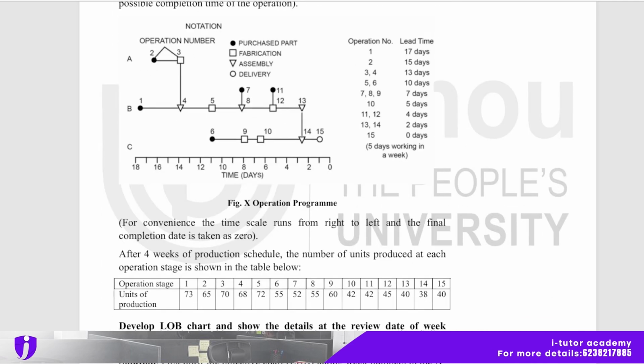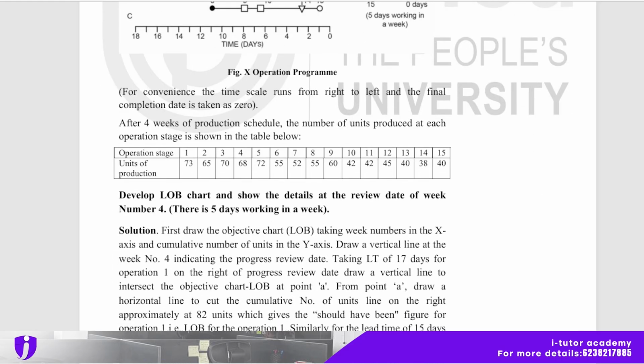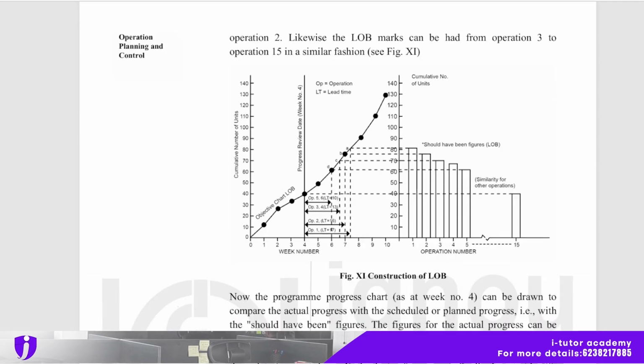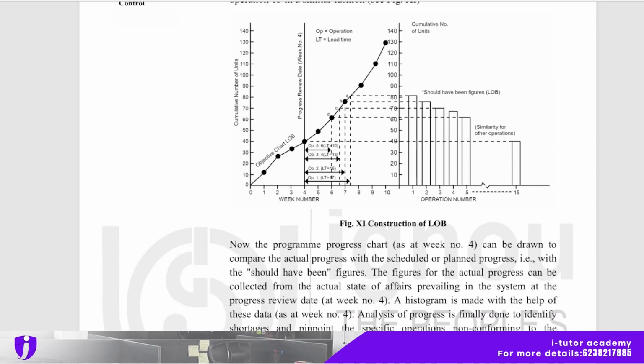So here is an operation program figure, and the operation number and lead time are there. Please refer to this and develop the LOB chart and show the details at the review date of week number 4. There are 5 working days in a week. Its solution is also here, please read it. And the construction of LOB is also here in this graph.